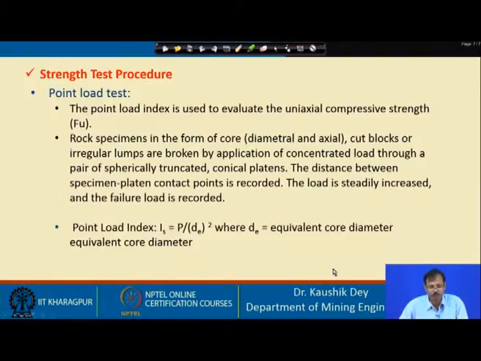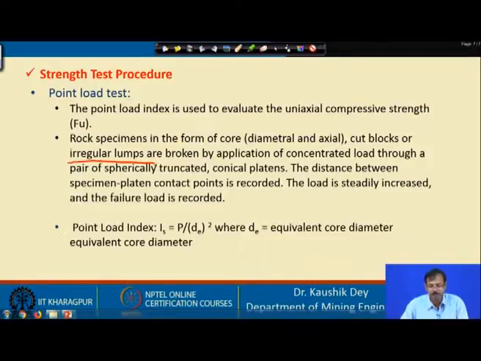So, this is the point load test, where the specimen is used to evaluate the uniaxial compressive strength, and the rock specimen is in the form of a core sample or cut blocks, and even irregular lumps are taken for carrying out the point load test.